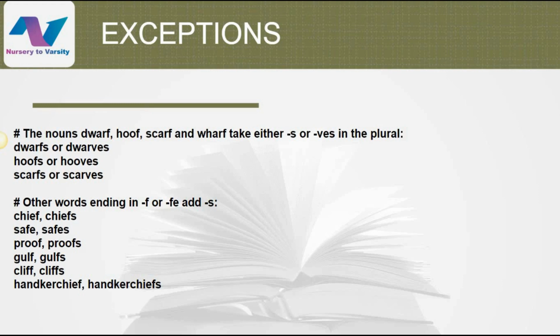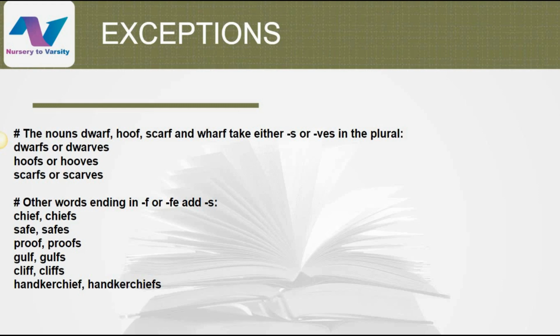So according to the second exception, there are words ending with F and FE having S or adding S in their plural form. According to the rule, a singular word ending with F should always use VES in its end for its plural form.